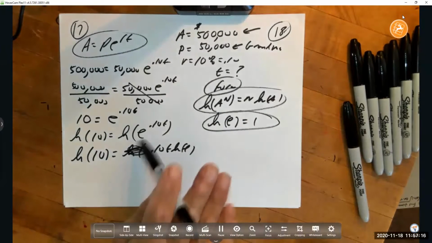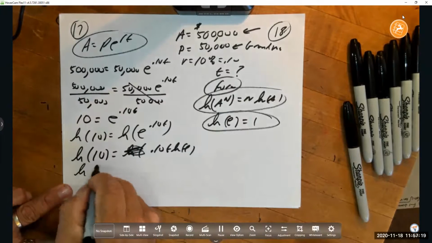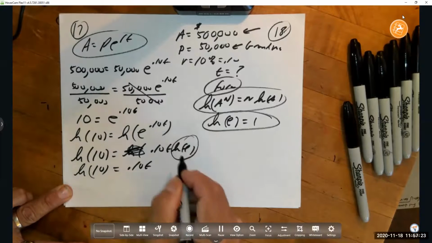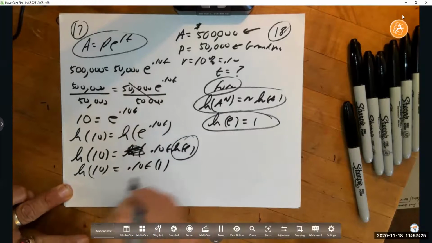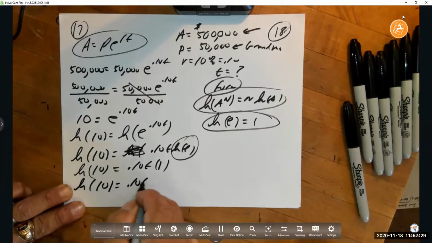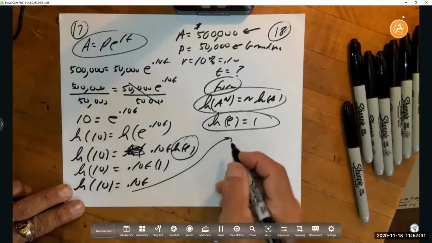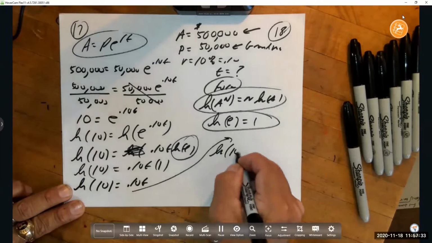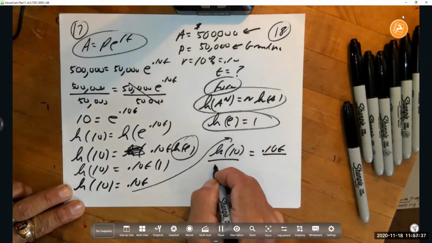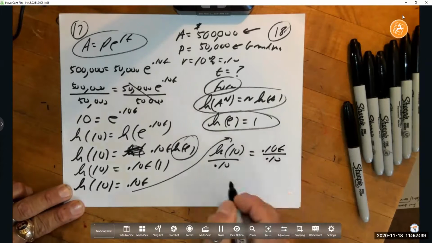So back to this problem. We have ln of 10 equals 0.10 t, and then right here, this is ln of e, which is 1. Ln of 10 equals 0.10 t. So now I'm going to divide this side by something and this side by something. Say 0.10, 0.10.